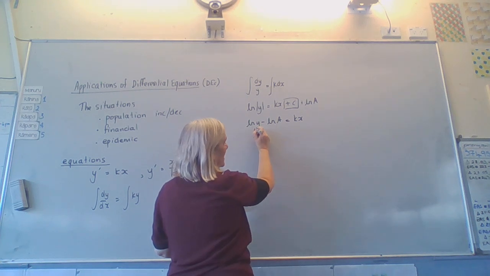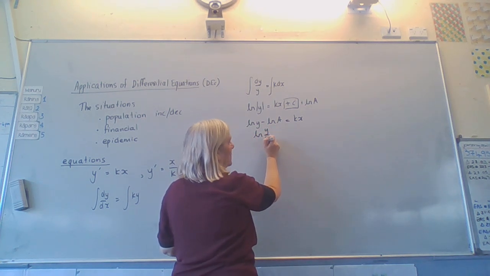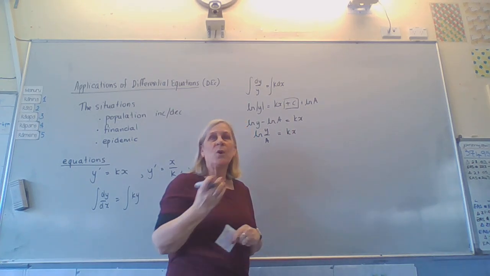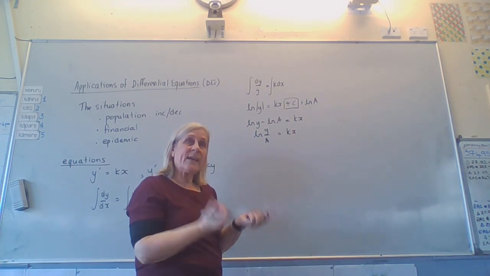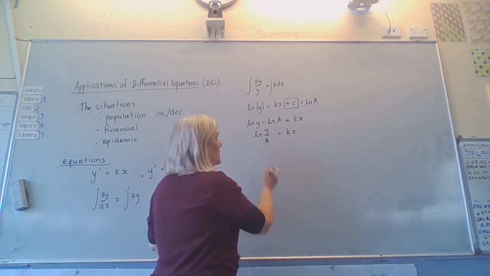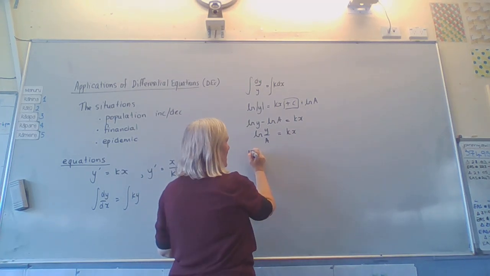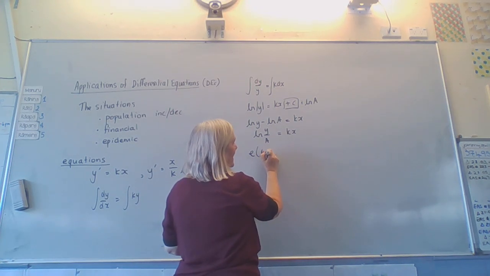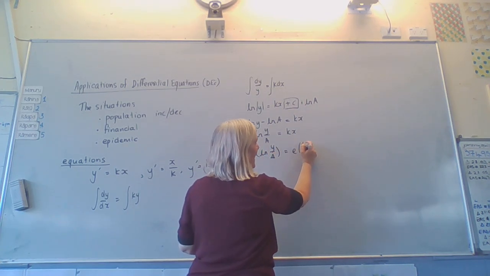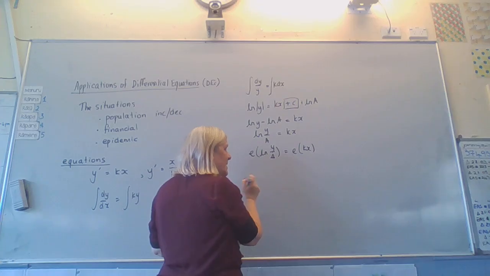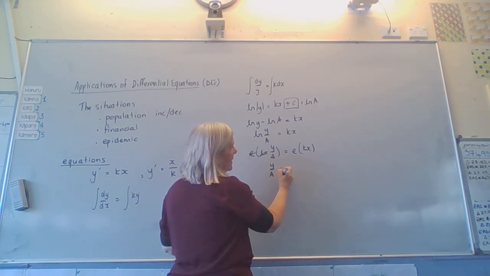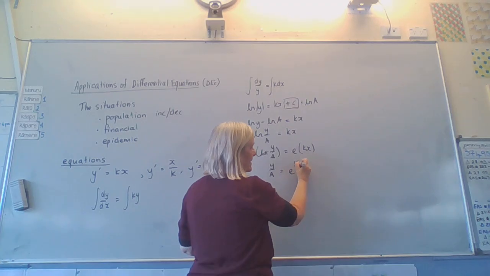This changes using our log rules to ln of y over a equals kx. We don't want that ln. To get rid of ln, what do we use? E. So we're going to e it. So we're actually going to say e to the ln of y over a is the same as e to the kx, which we write as, so those are cancelling, y over a equals e to the kx.